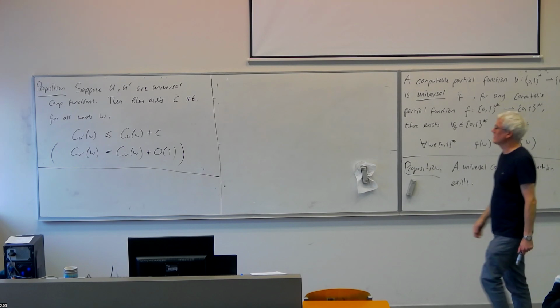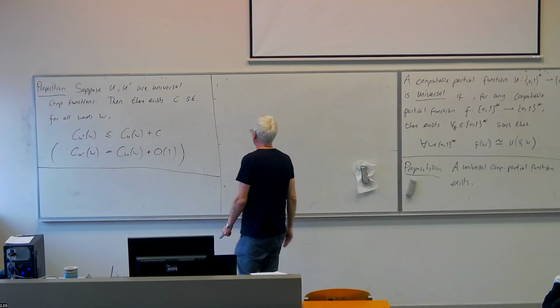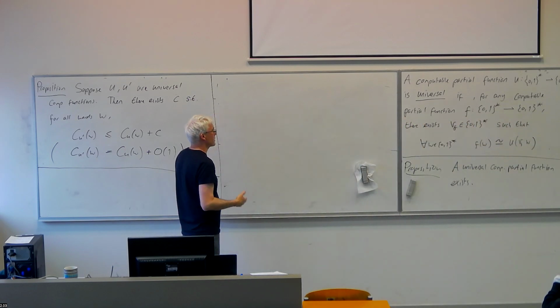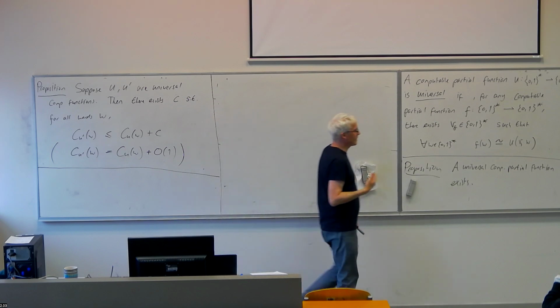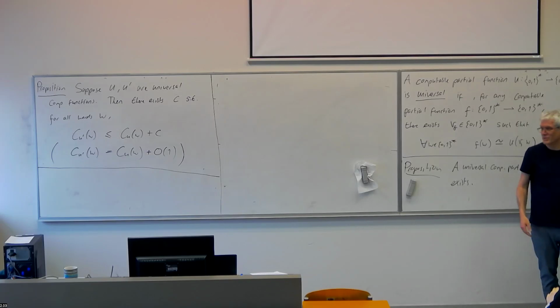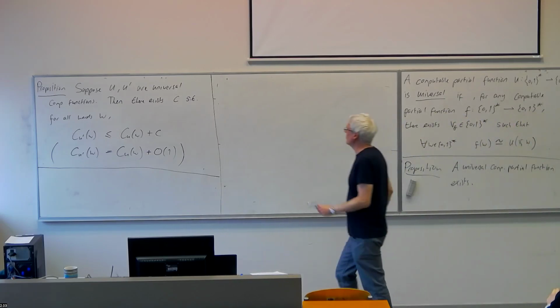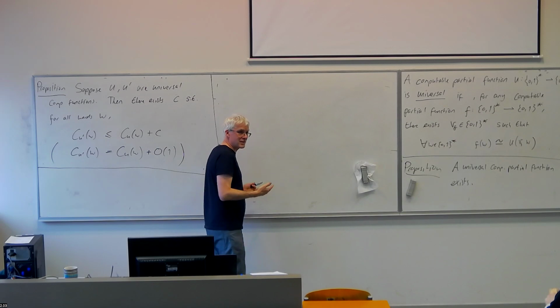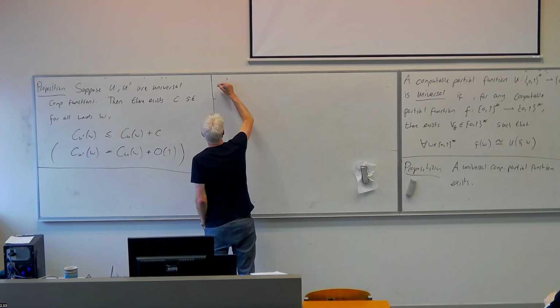So a word is going to have high complexity if its complexity is the length of the word, again, plus an additive constant, if you like. And exactly what that additive constant is is kind of up to you to choose. But what we can prove is there always exist, in a sense, words of high complexity.